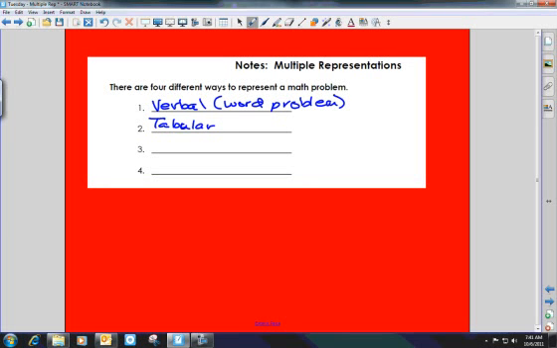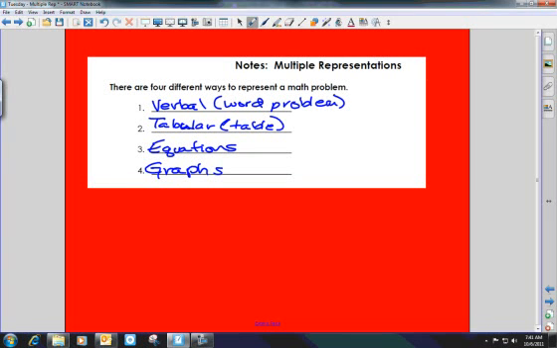Should be a U. Okay. So I'm going to write table here. So tabular is a table. We've also written some equations and solved equations, so there's another way. And lastly, we have drawn graphs just a little bit in here so far this year.